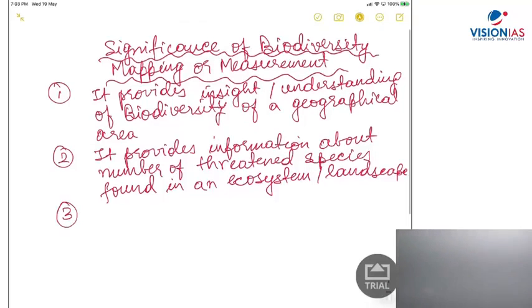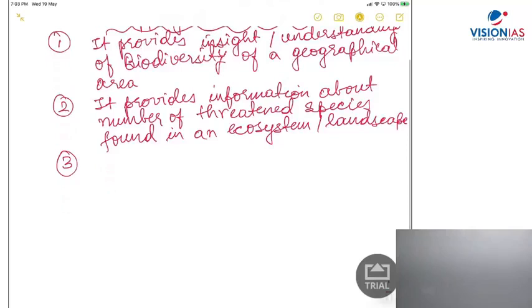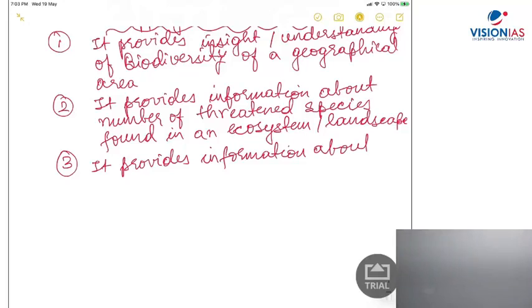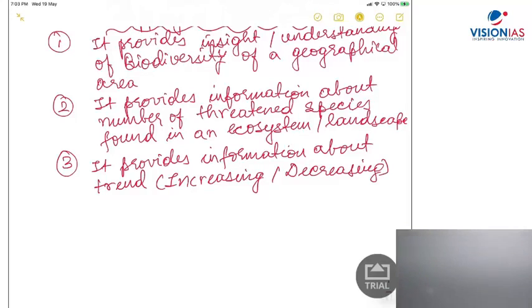Third, biodiversity mapping provides information about the trend, whether it is increasing or decreasing over an interval of time, of rare or endemic species found in that area, or threatened species.